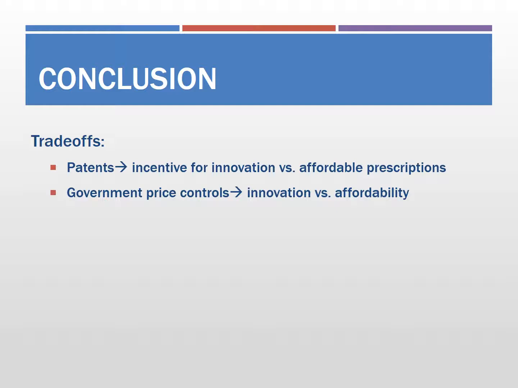That means there are no profits to incentivize investment in innovation. On the other hand, affordability will increase for the citizens living in the country, because drugs are now controlled by the country and become very affordable for citizens. But again, it kills off the pharmaceutical companies in the long run if strong price restrictions are applied.